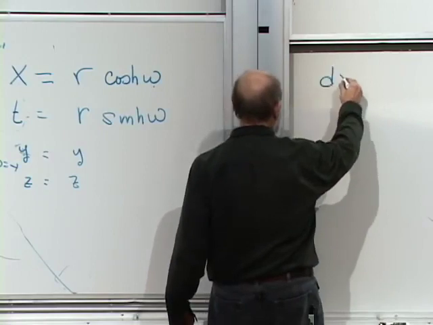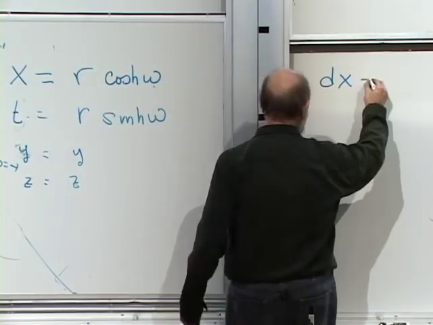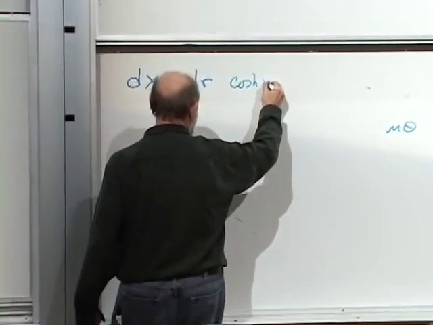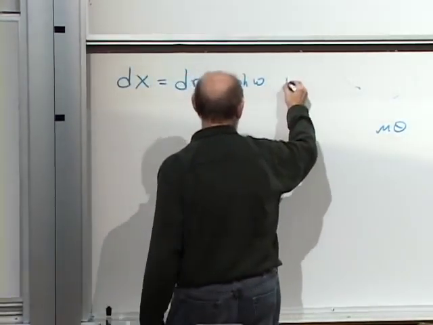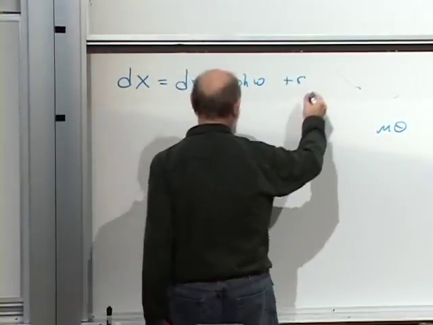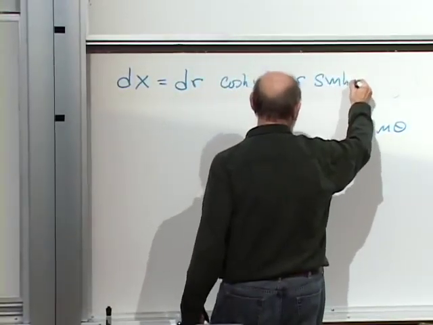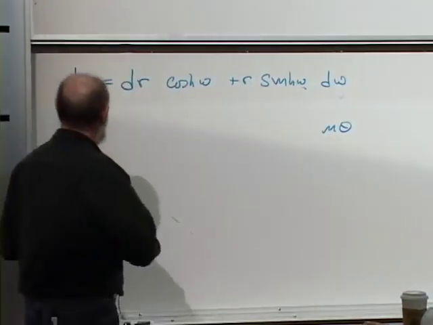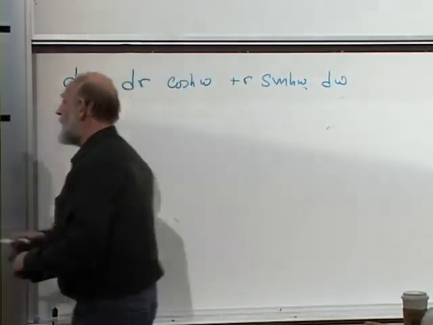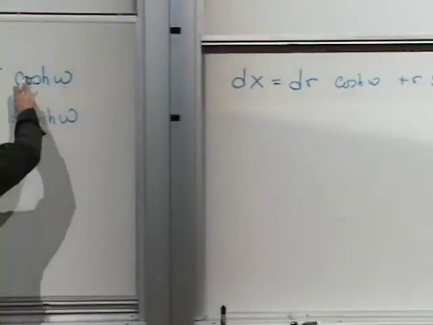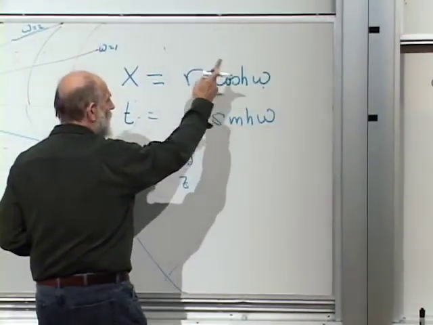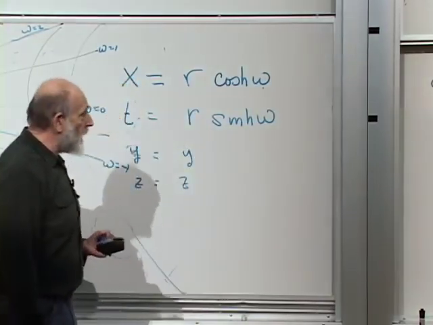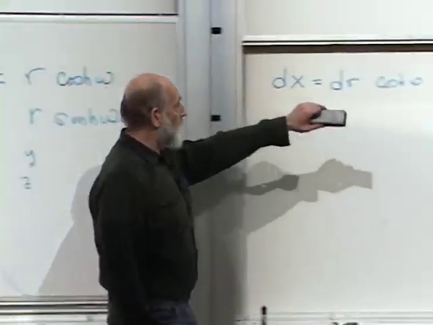What is dx? dx is equal to dr times cosh omega plus r times the derivative of cosh omega, which is sinh omega, times d omega. All I've done here was write that the differential of a product is the differential of the first factor times the second, plus the second factor times the differential of the first, and the differential of cosh omega is sinh omega d omega.